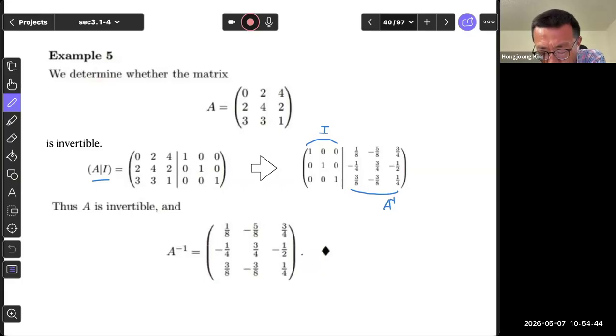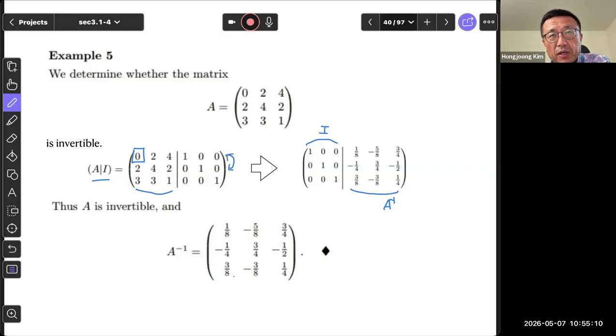Let me calculate just a few steps. So given this A matrix, what is the starting point? You look at the first row, first column. In this case, you have 0. If you have a 0, then you need to consider the interchange operation. That means you need to interchange the first row with the second or third row.